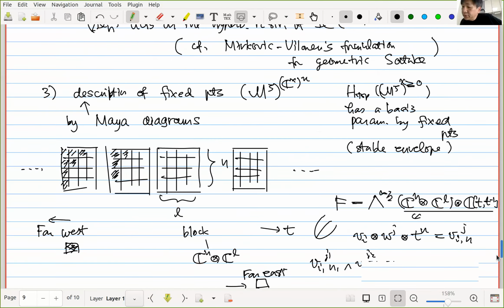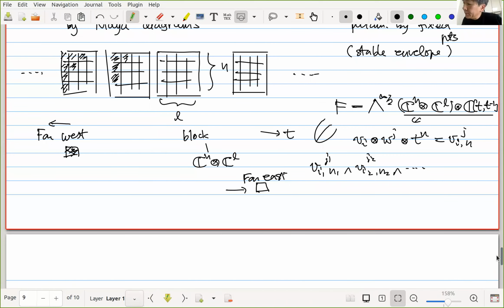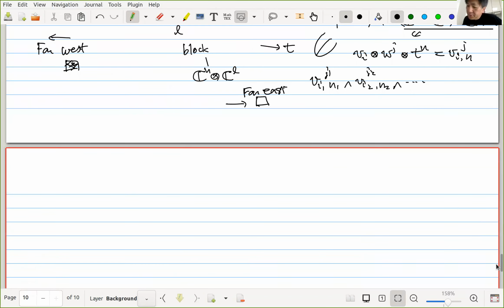And you can also show the action of the affine Lie algebra explicitly, and this is just changing the black and white boxes as in the usual cases.